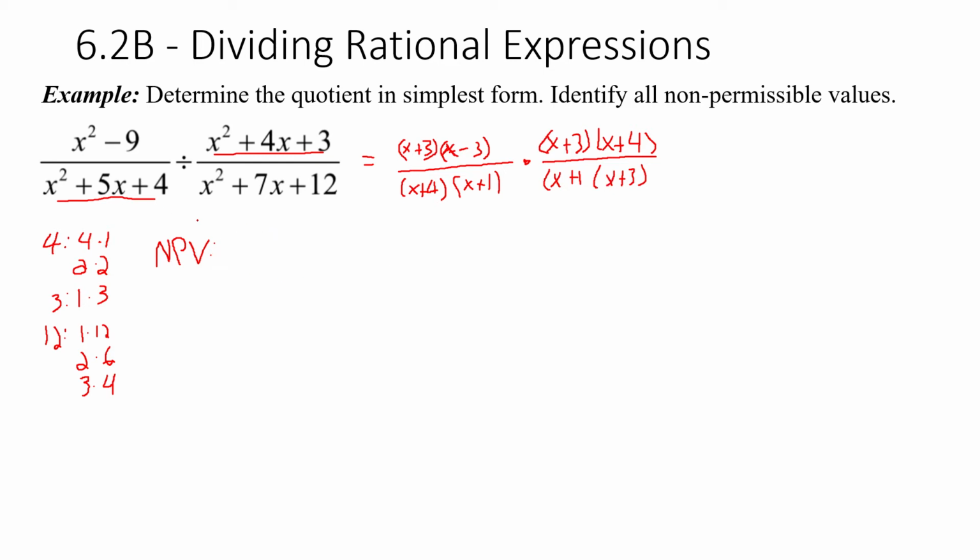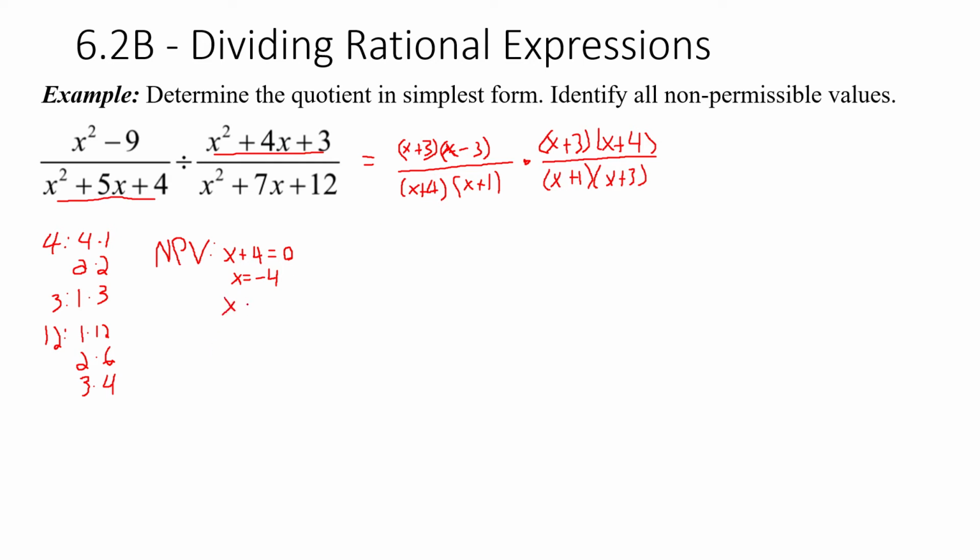So for our non-permissible values, we need to see what would make each of these four terms equal to 0. We have two x plus 1s, so we only need to do that once. So let's do x plus 4. We want to see what would make that 0. So you solve for x by subtracting 4 from both sides. And if x was negative 4, that would make this 0.